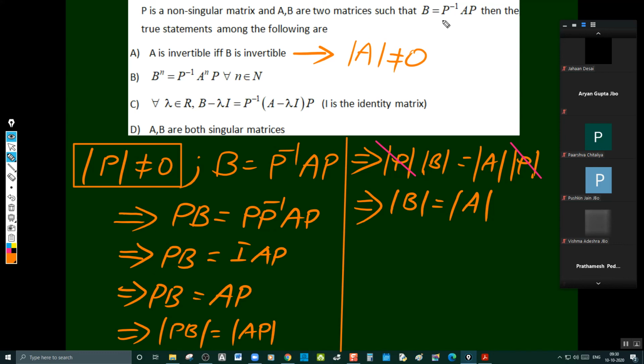P inverse whole square. So B is also correct. Sir, and C and D are also true. How is D correct? D cannot be. So D is incorrect. No, B, D not, sir. C, sorry. D not, C. Only C.